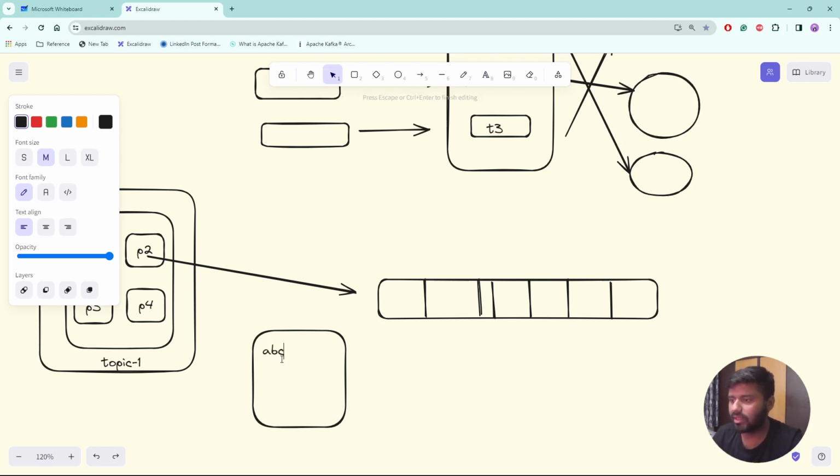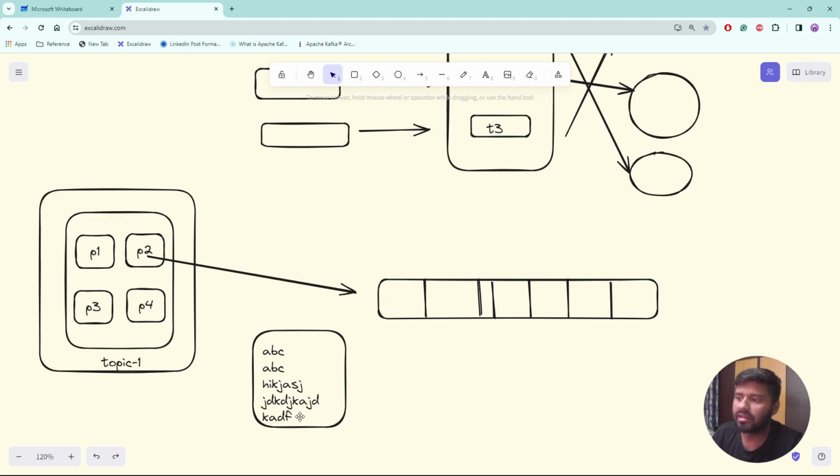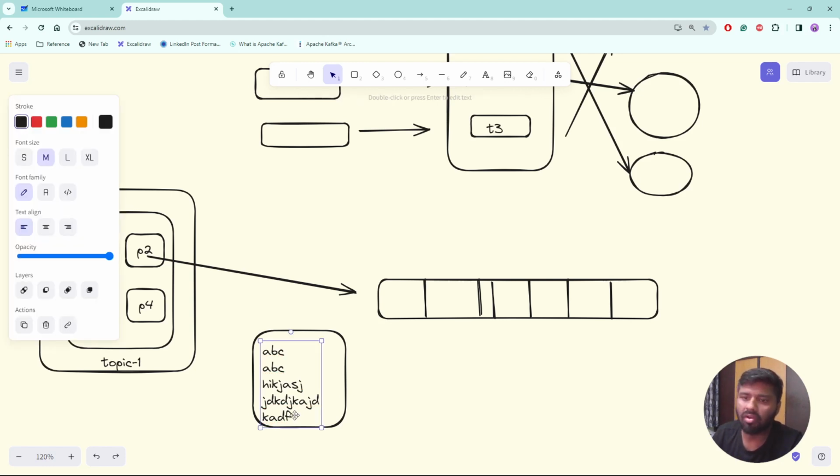Maybe I'm writing ABC. Then whenever I would like to write something new into the file, I always have to start from the end, because the end of the log is what gives me new space.